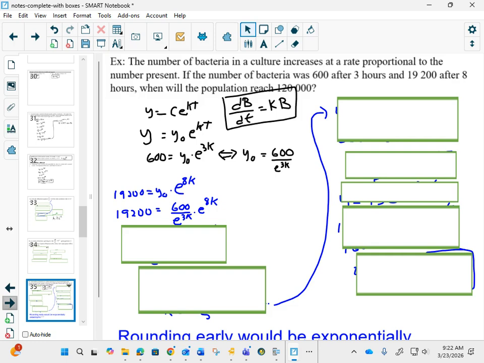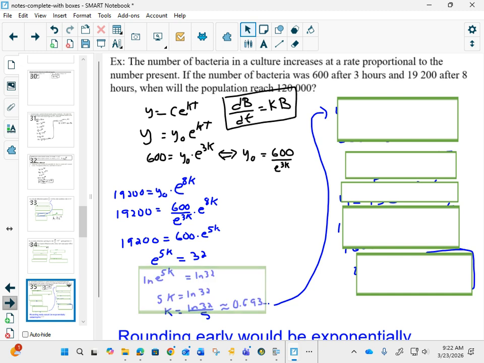In this case, because I got the y naught, the initial amount, by itself, I can plug it in here. Now I only have k to solve for.